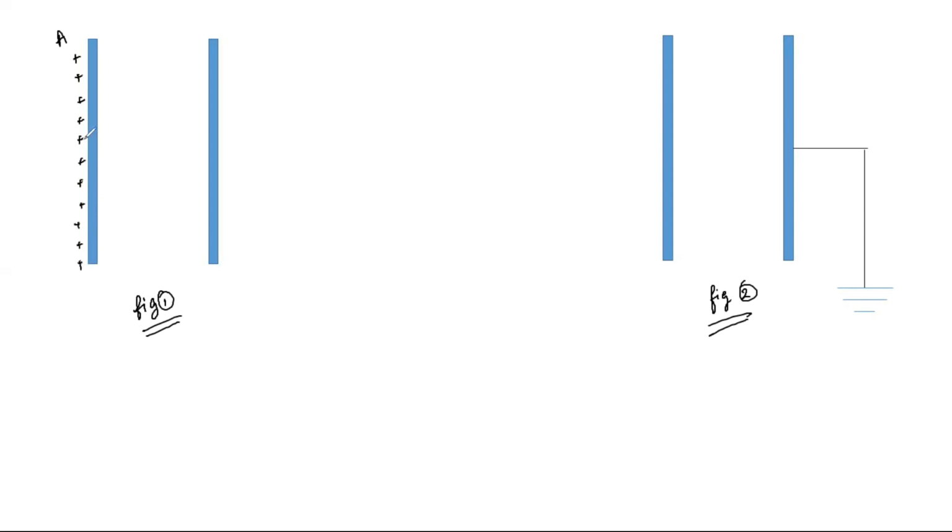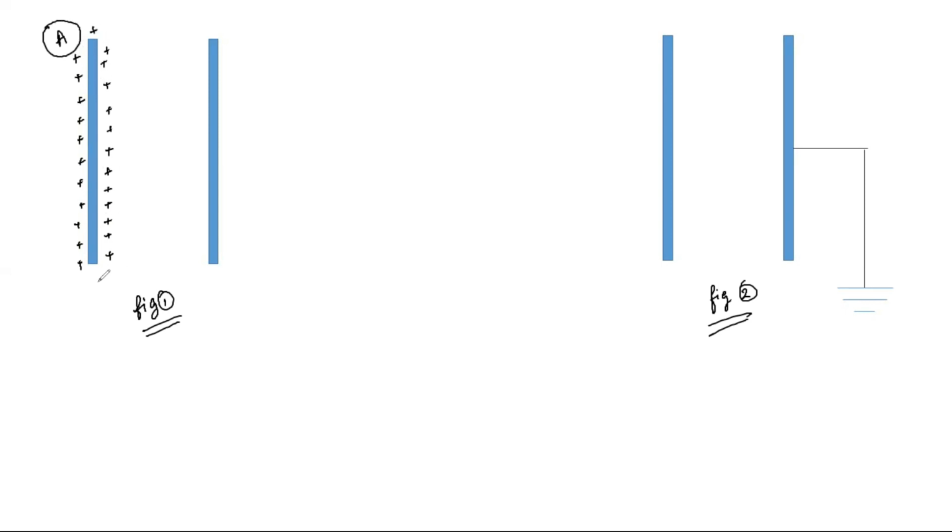A certain positive charge to this metal plate. And the value of the positive charge which I have given is so large that the electric potential for this metal plate A has reached a maximum value.